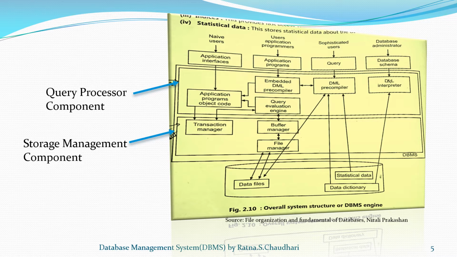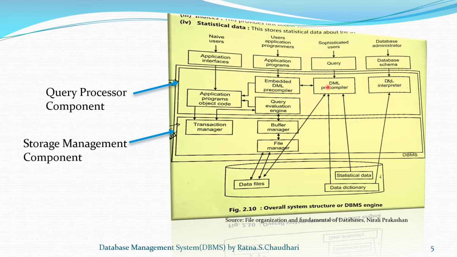Whenever a user gives a query, this pre-compiler will take that query and translate it into low level language, because the programs or queries written by users are in high level language. The system cannot understand this high level language, so it is converted into low level language, and this function is performed by this DML pre-compiler.